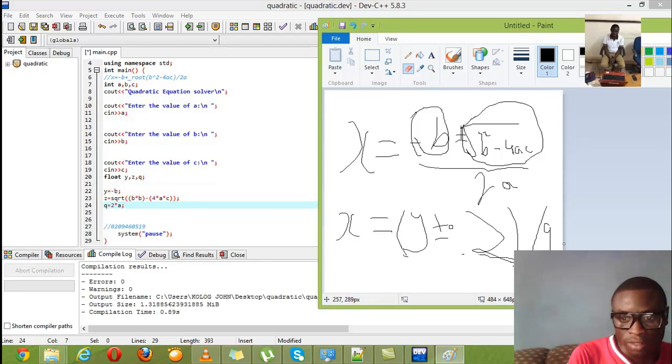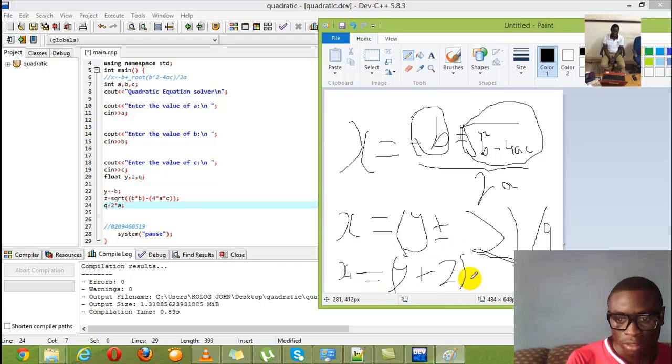Is that okay? So you have y plus or minus z over q, and in this case the computer does not have plus or minus. So we'll say x1, that is the first value, x1 will be equal to y plus z, all this into brackets / q.